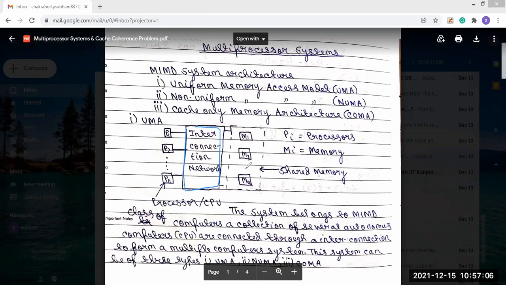So basically this system belongs to the MIMD class of computers, and a collection of several computers or CPUs are connected through an interconnection to form the multiple computer system. Now this system can be of three types: UMA, NUMA and COMA.